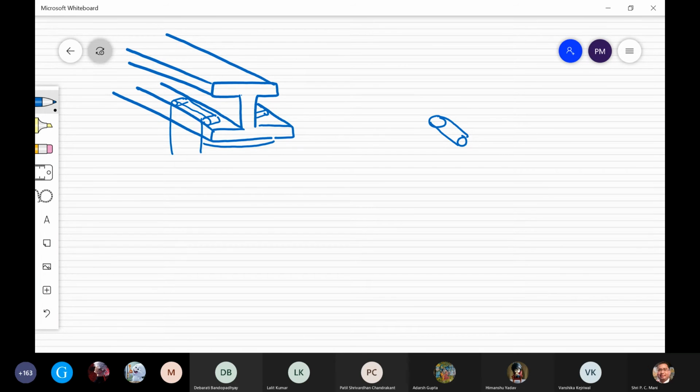So this one is connected like this. Clear?